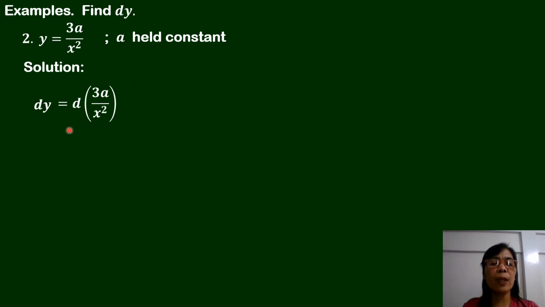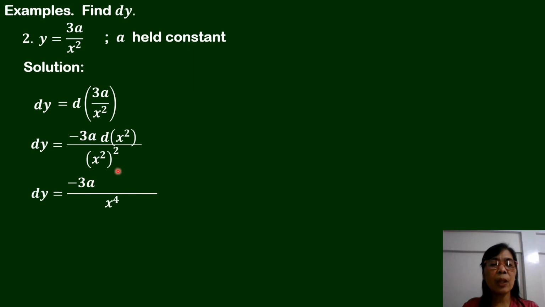And so when we find the differential of 3a all over x squared, we apply the formula for the differential of a quotient with a constant numerator. And that will give us the negative of the constant numerator times the differential of the denominator all over the square of the denominator. So as we simplify, negative 3a, x squared raised to 2 is x raised to 4.